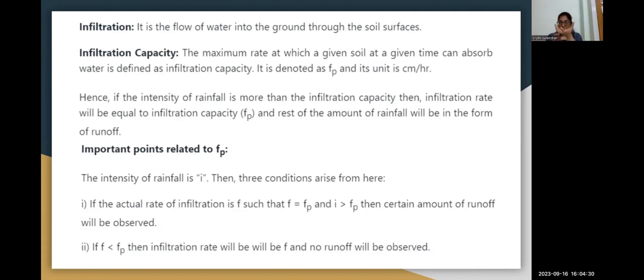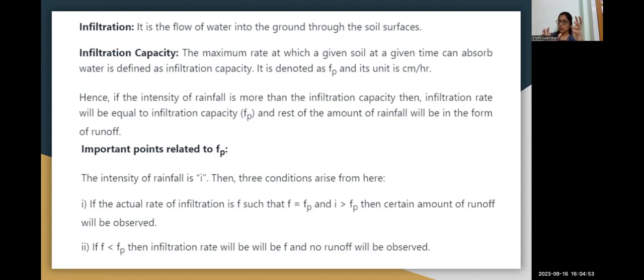When you take a particular sample of soil and pour water, the rate with which water is flowing through the soil into the subsurface for that particular soil in a particular amount of time is called the infiltration rate. Now, what is infiltration capacity? Infiltration capacity is the maximum rate that can exist in that soil.